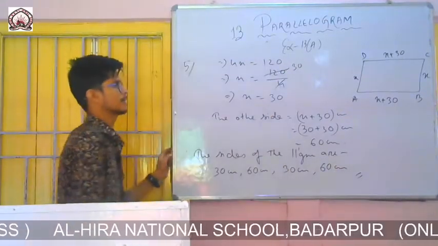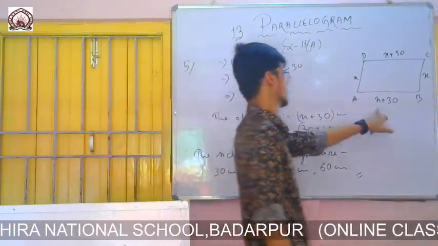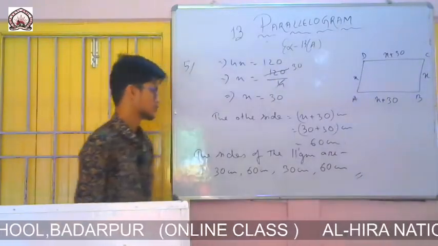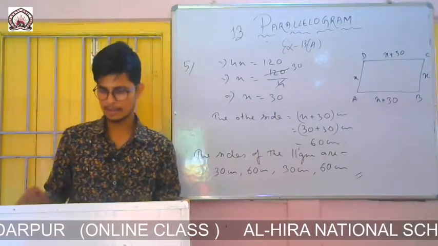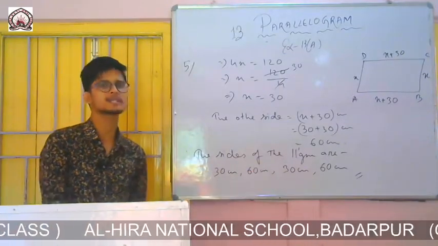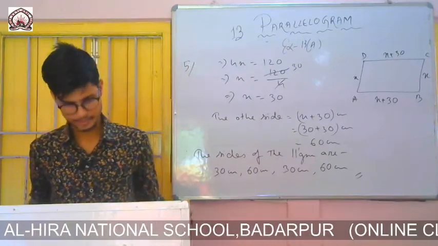So the sides of the parallelogram are 30 centimeter, 60 centimeter, 30 centimeter, and the last one 60 centimeter.